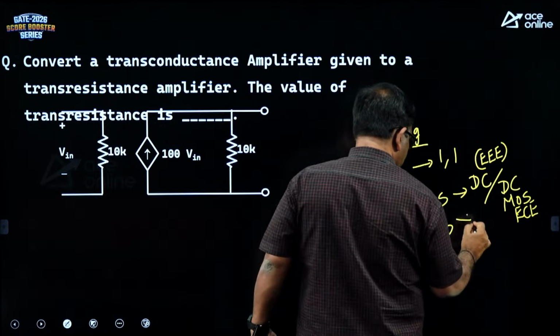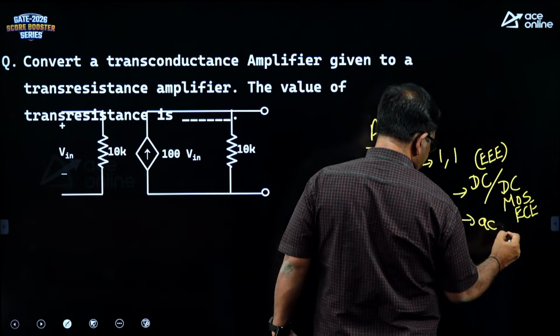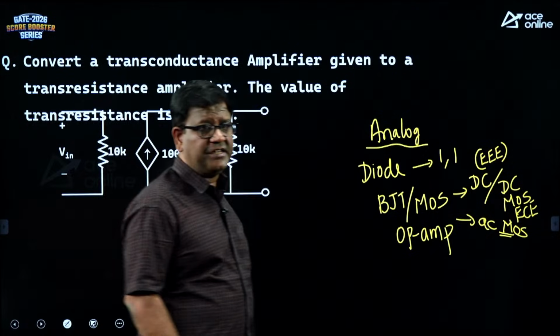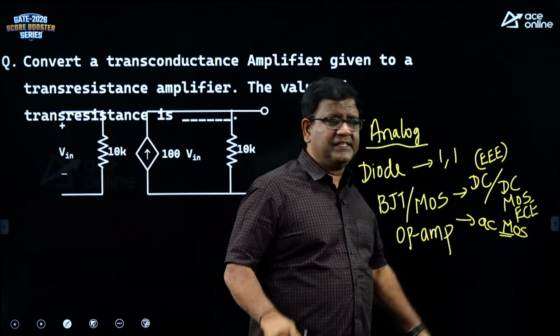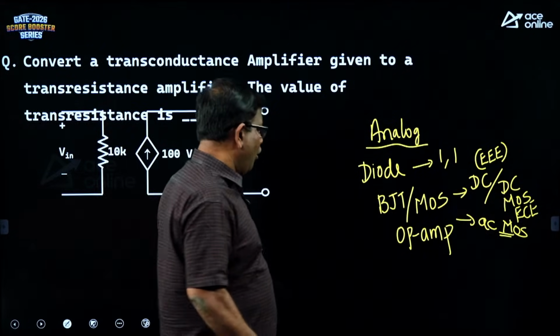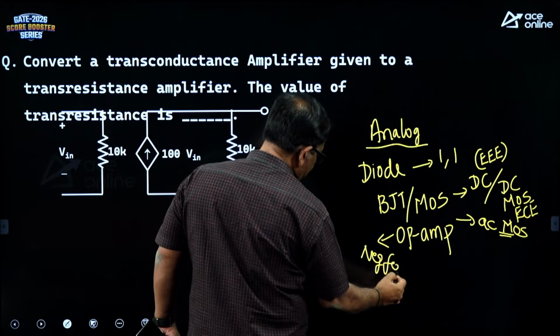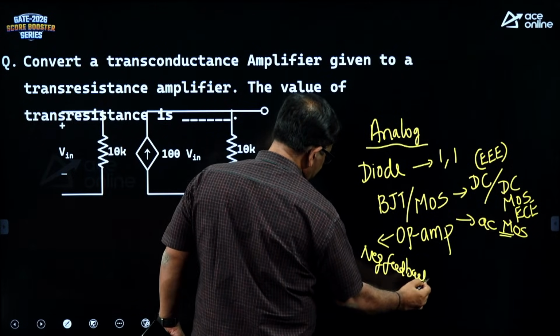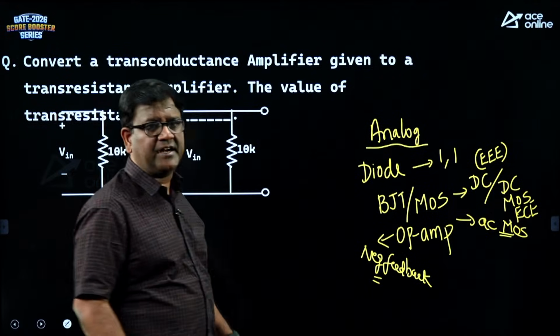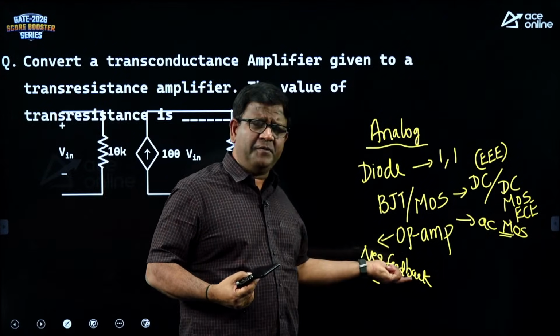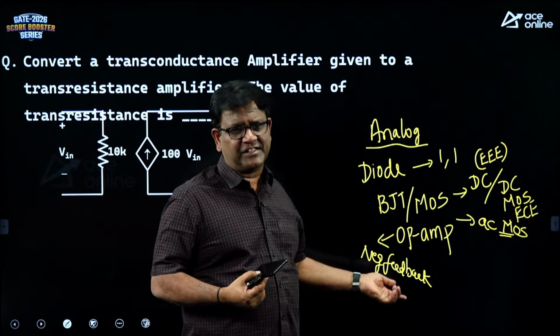AC analysis 100% one question, AC analysis of MOSFET. For EC students and triple E students, AC analysis in MOSFET, one question you will get. Op amp, please focus more questions on negative feedback. Positive feedback is just a switcher where the output is either plus VSAT or minus VSAT, but these negative feedback questions you will find even in network textbooks also.